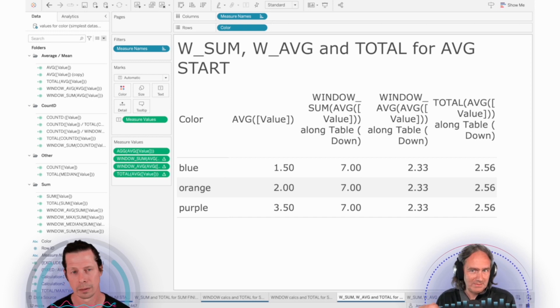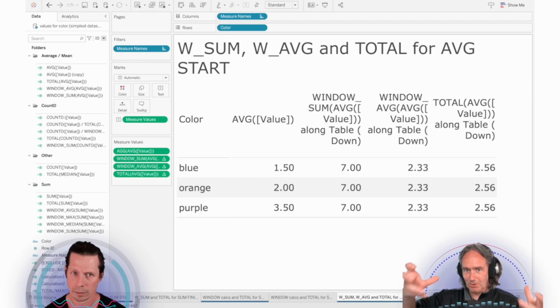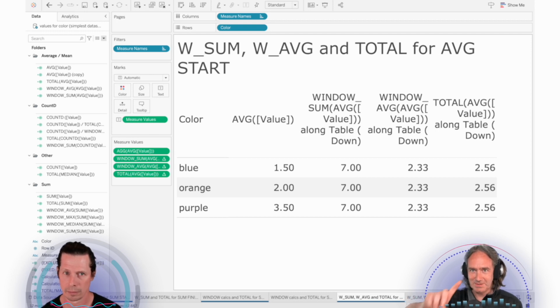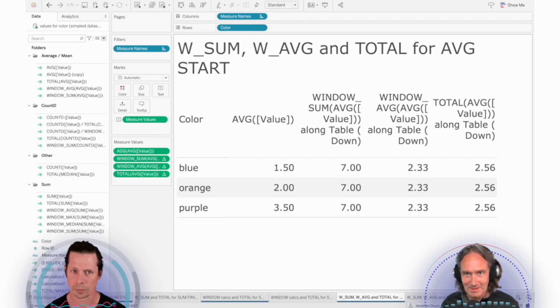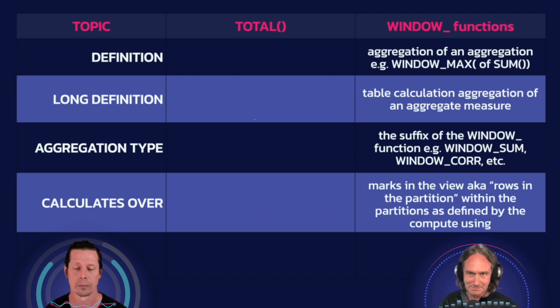So this is one of the ways I think about this difference between the window functions and the total function: the total is operating over the totality of the data, and the window function is operating over the window that we've given it. Okay, that's useful. In essence, it's a mnemonic. So it's like the total is looking at all of the underlying records, and saying of all of those underlying records down there, what's the average of the value?